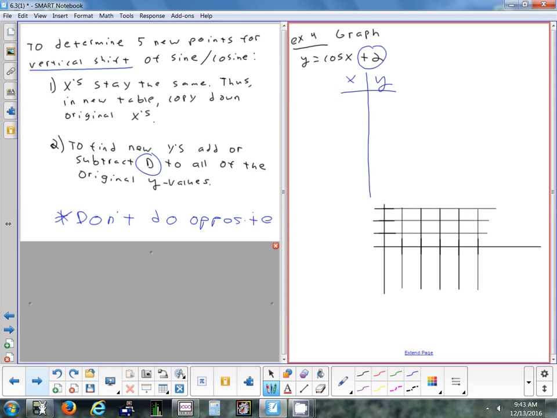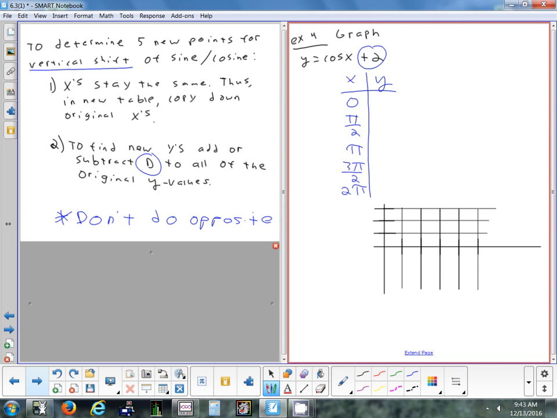Okay, so I'm going to copy down my x's because they stay the same, and I'm not going to have to do anything with them. So Denver, can you remind me what my x's are for cosine or sine? They're the same. To 2 pi. Yep, all the way to 2 pi. 0, pi over 2, pi, 3 pi over 2.